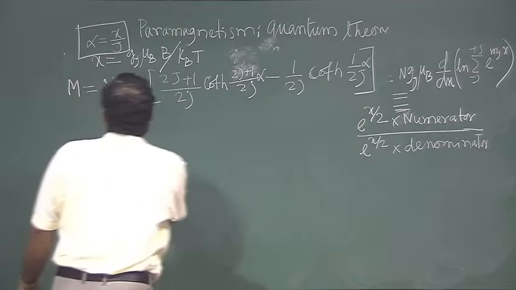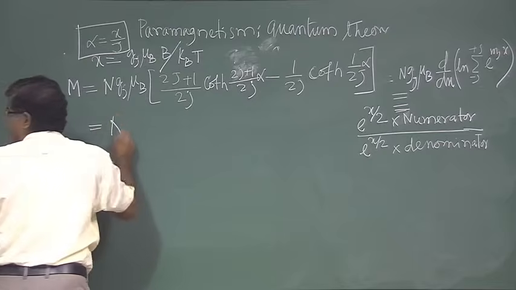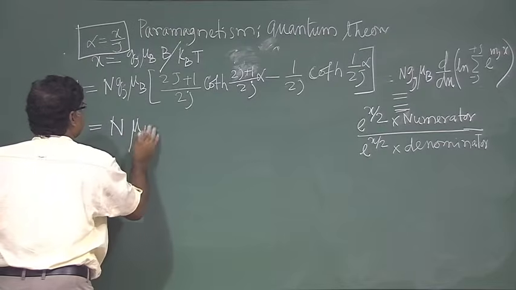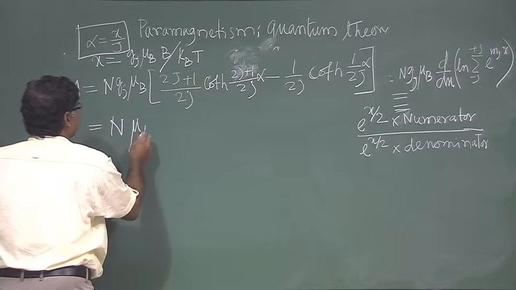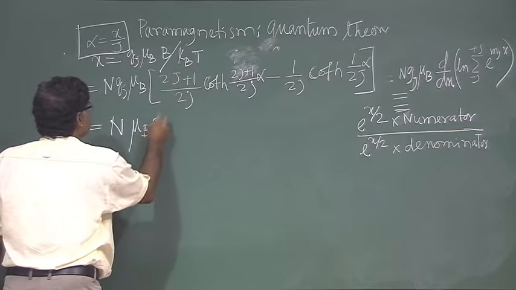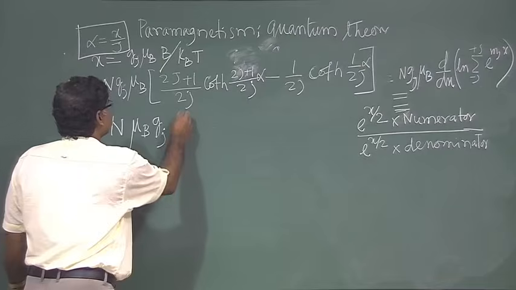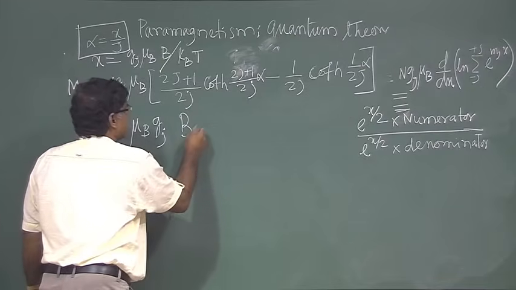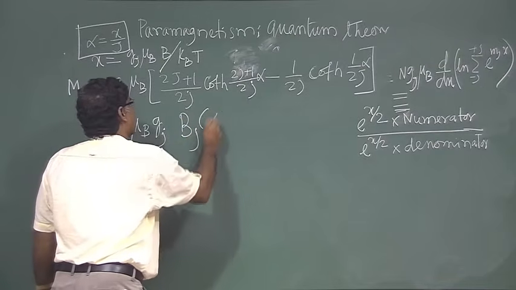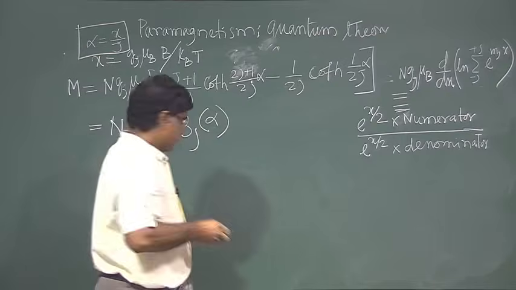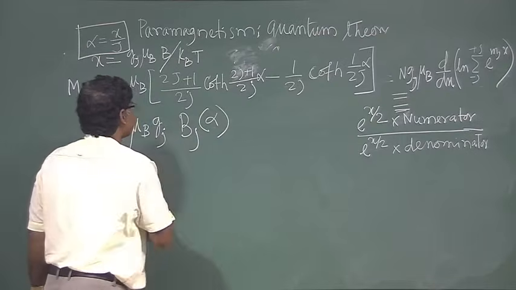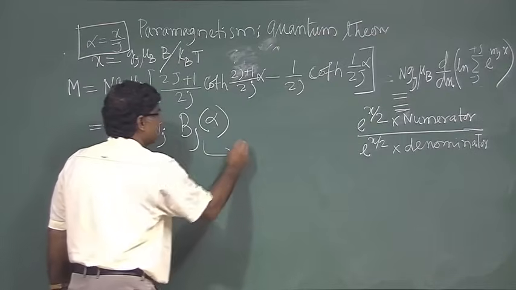Then this is called basically n mu v g j, and this b j is called the Brillouin function.